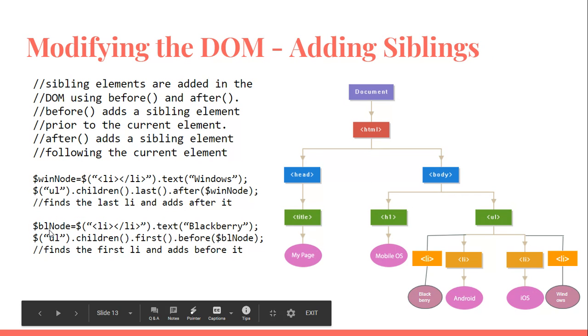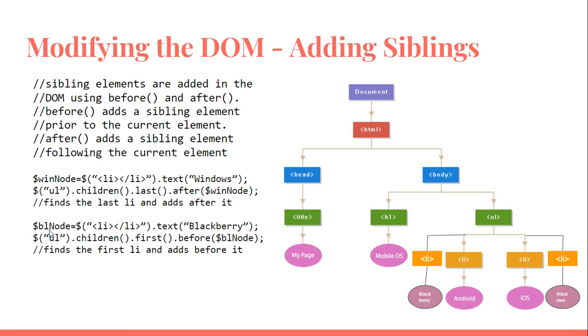If you want to add siblings, then we have to use before and after. And so this gets a little confusing, because it's different than prev and next. Prev and next are for accessing. Before and after are for adding. And before and after specifically are for adding siblings.